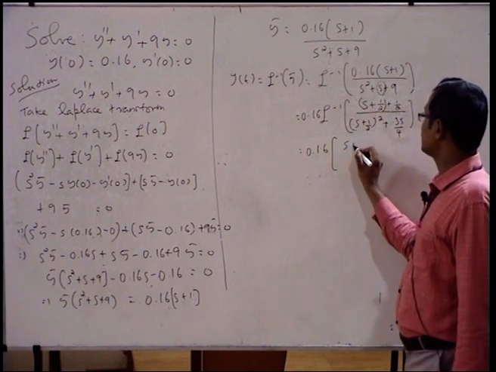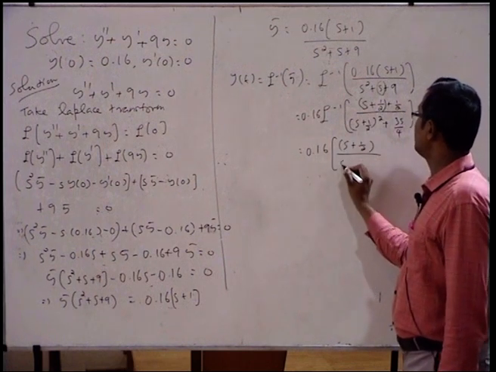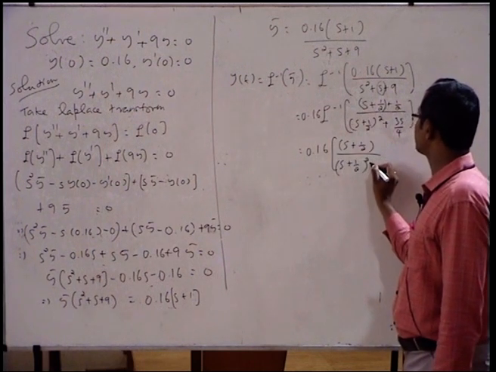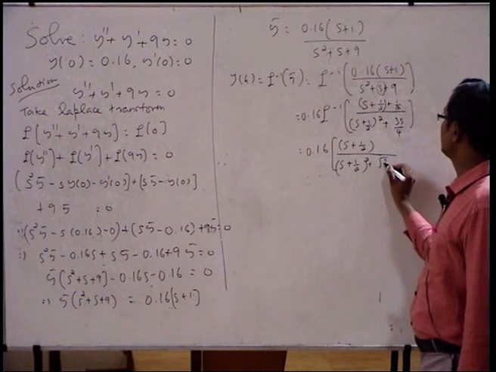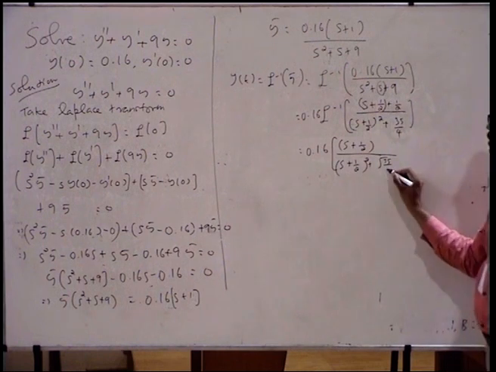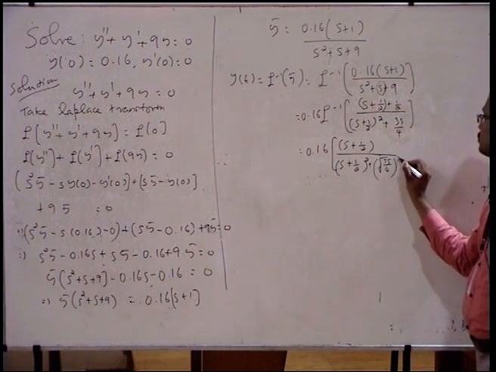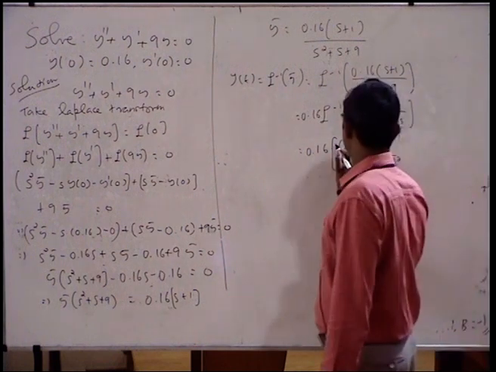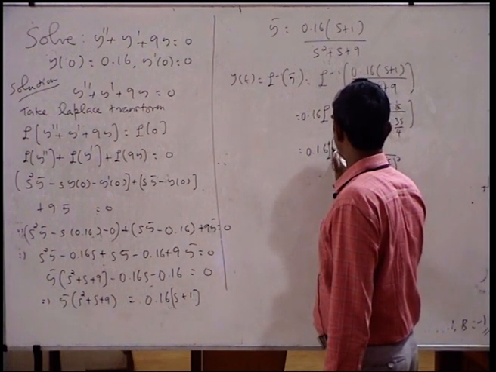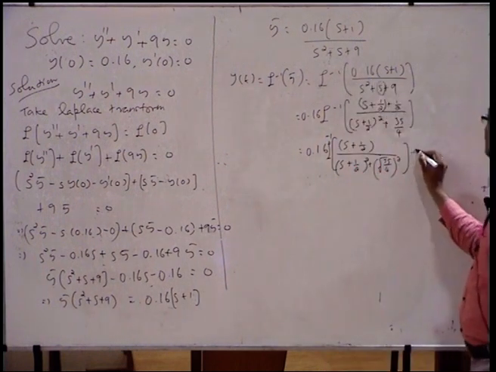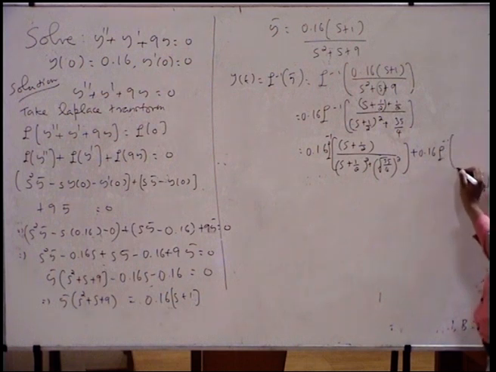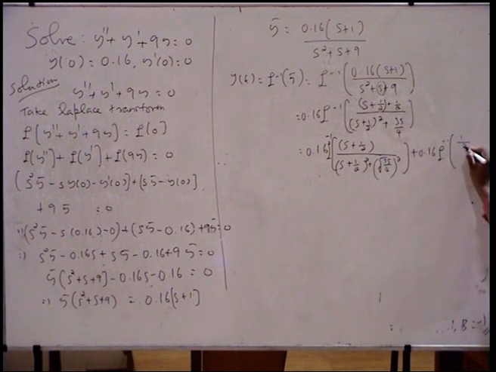So I can split this as s plus 1 by 2 divided by s plus 1 by 2 whole square plus 35 by 4. 35 by 4 can be written as root of 35 by 2 whole square, plus 0.16 into L inverse of, second term is 1 by 2 divided by s plus 1 by 2 whole square plus root of 35 by 2 the whole square.